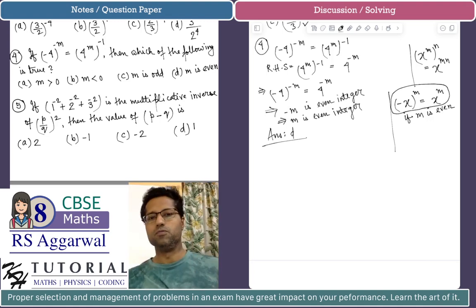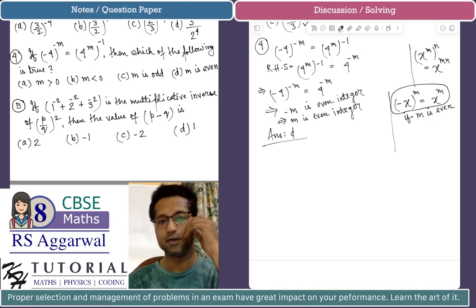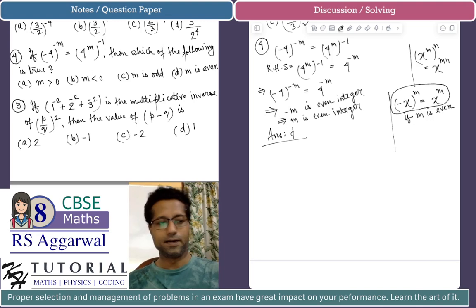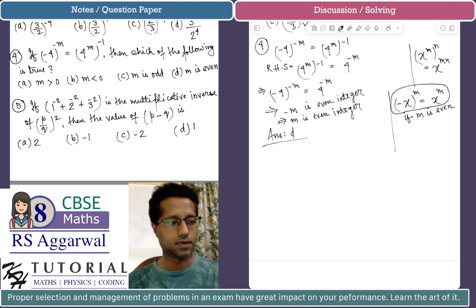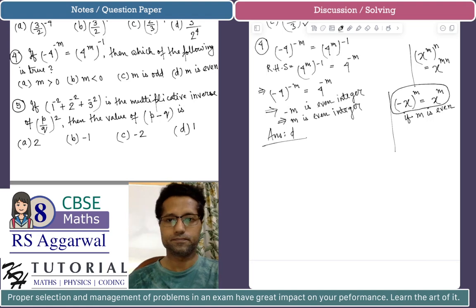Like minus m could be 0, or a positive even integer, or a negative even integer. It cannot be an odd integer. And the choices m greater than 0 and m less than 0 do not say that m is even. So the only correct choice is D.